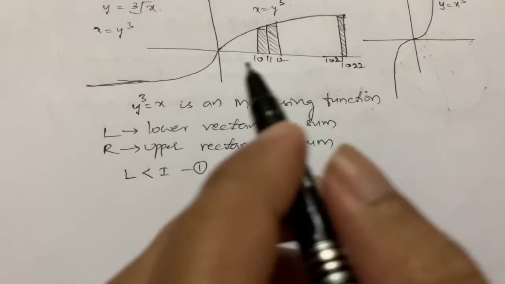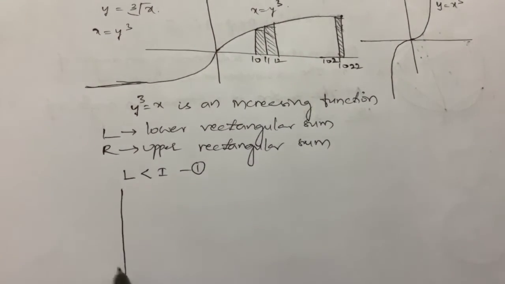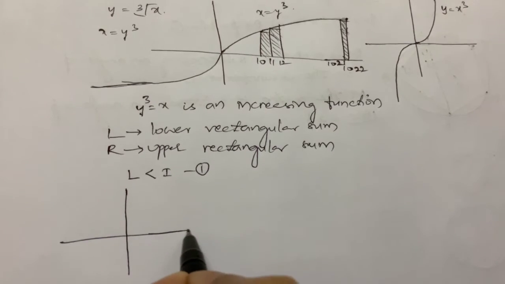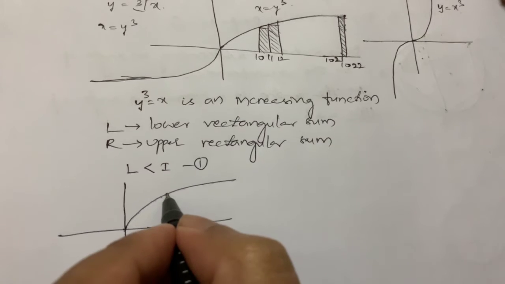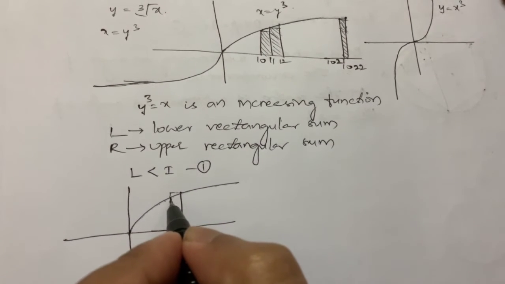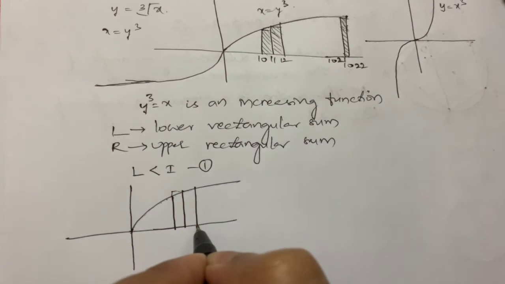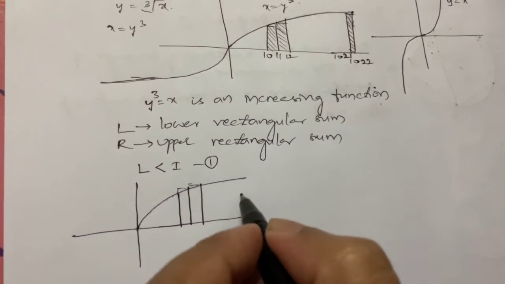And then if I consider the upper rectangular sum, upper rectangle means we have to start from the upper rectangle and come backward.